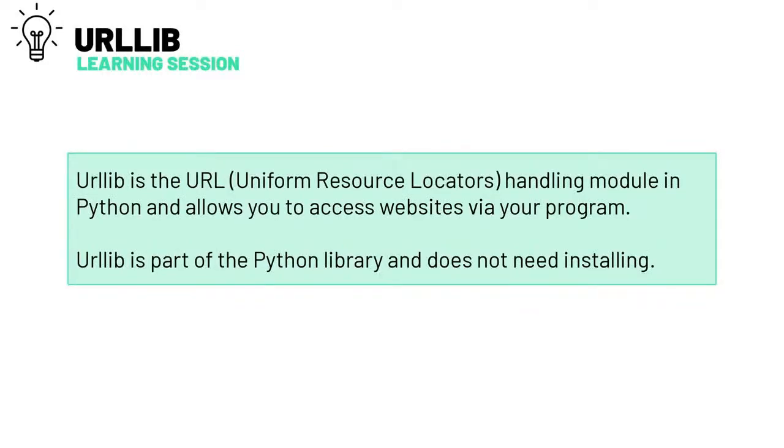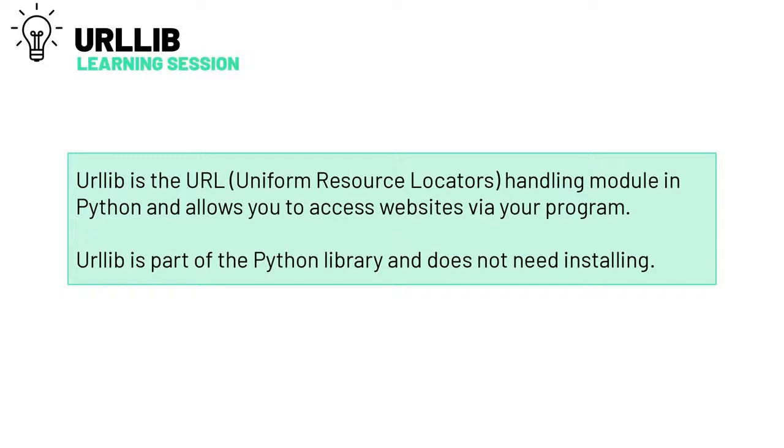Perfect. Now, urllib stands for the Uniform Resource Locators handling module in Python, and it allows you to access websites via your program. urllib is part of the Python library and does not need installing. Like I said, it already appears. What I am going to do is try to find a challenge on the hashlib thing, because if you want to have a go at it, you can. I think we covered it last year, maybe, I can't remember.